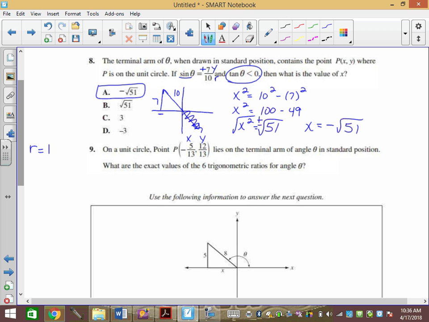Why? Anything on the unit circle is over 1. Boom. Cos theta is negative 5 over 13. Sine theta, 12 over 13. Really easy when it says it's on the unit circle. Your x is always cos. Your y is always sine.